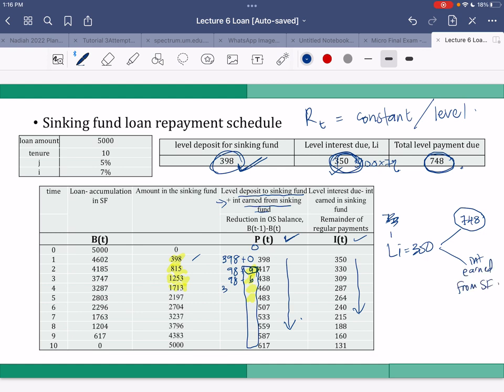So the part of the interest that comes from this 748 is the IT. So the IT will decrease and reduce, because this amount will keep on increasing.